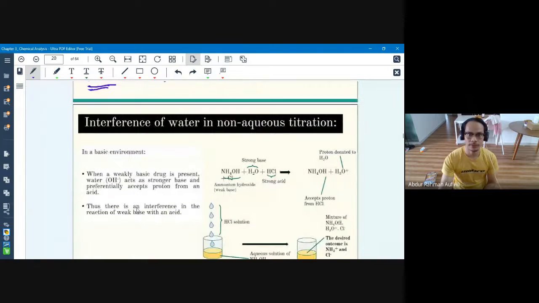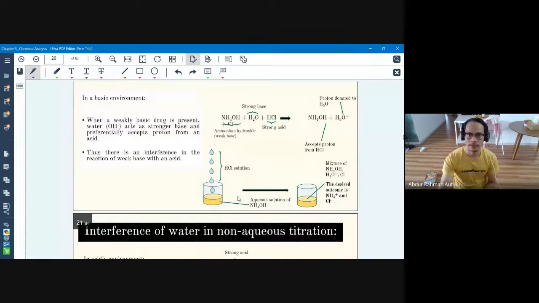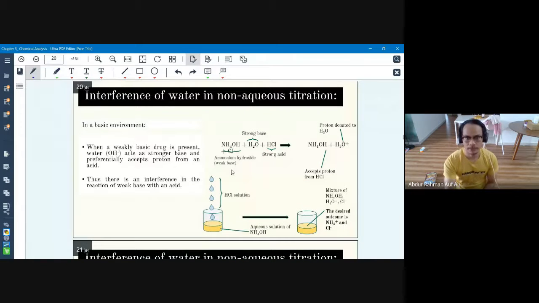So for example, kat sini saya tunjuk an interference of water dalam kalau kita titrate a weak base. So if you pay attention to the chemical equation dekat belah kanan ni, so this is ammonium hydroxide, this is a weak base.